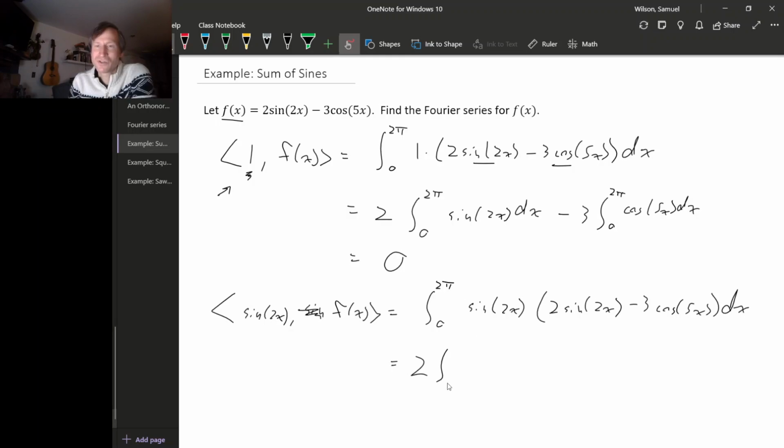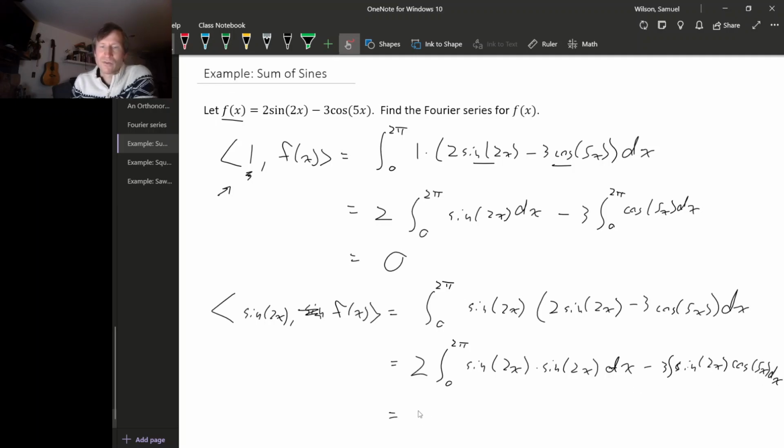So 2 times the integral from 0 to 2 pi of sine 2x times another sine 2x dx, minus 3 times the integral of sine 2x times cosine 5x dx.